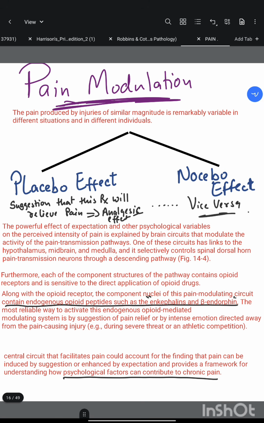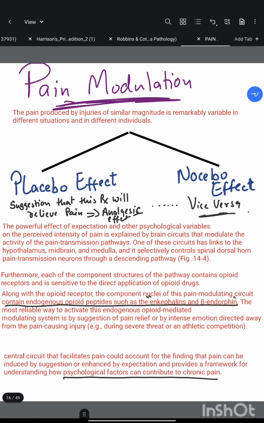So basically, what I'm trying to say is there is a psychological and emotional part attached with pain. Harrison says that even the suggestion that this treatment will relieve pain can actually induce an analgesic effect.